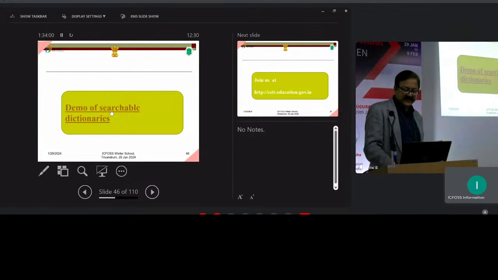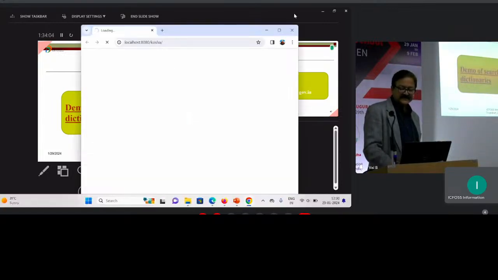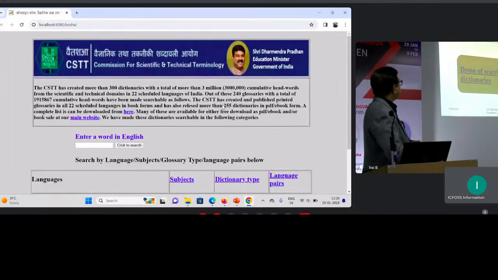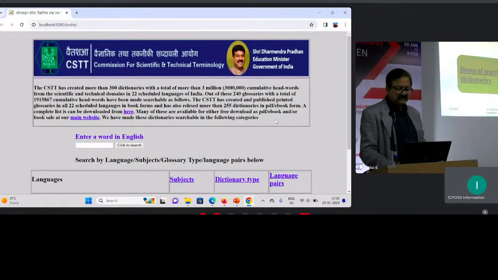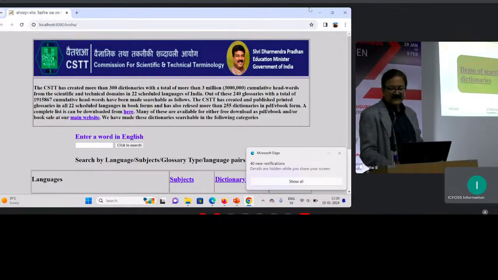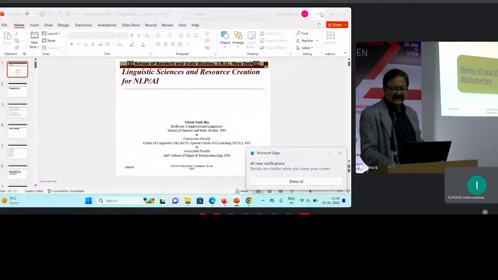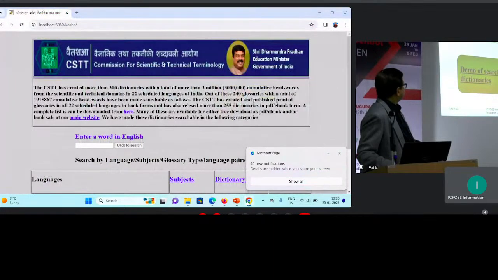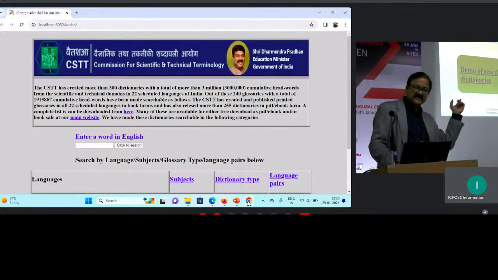So I can, if I search this, just debugging the dictionary, right? It will be secure. Let's see. I can see the screen. This screen is not visible there.